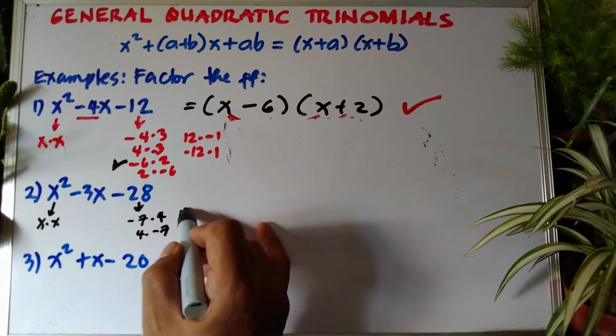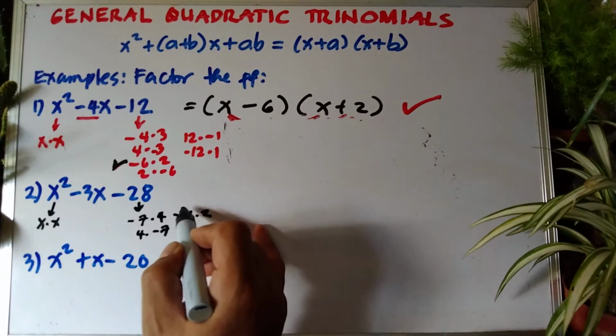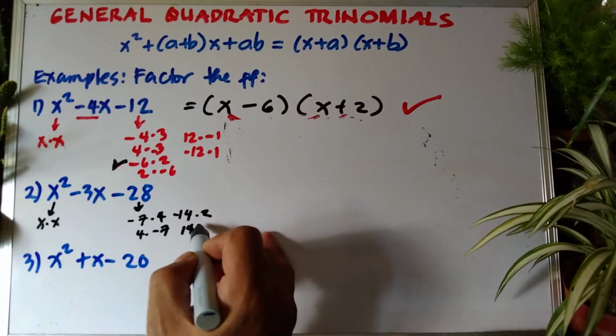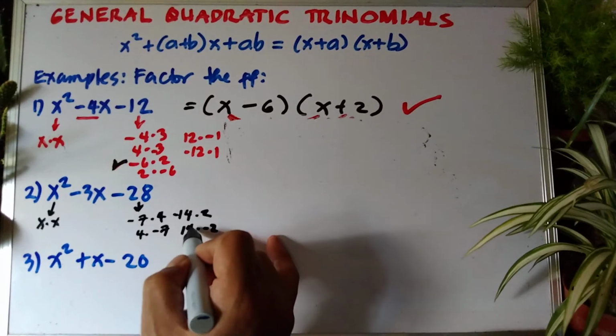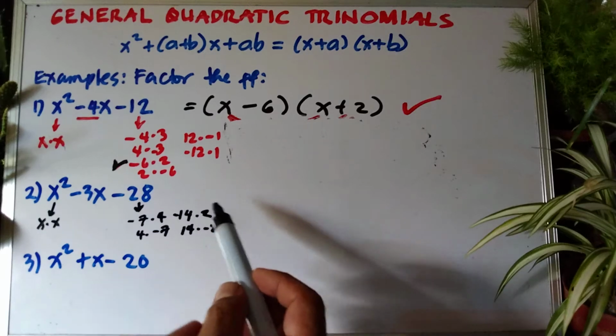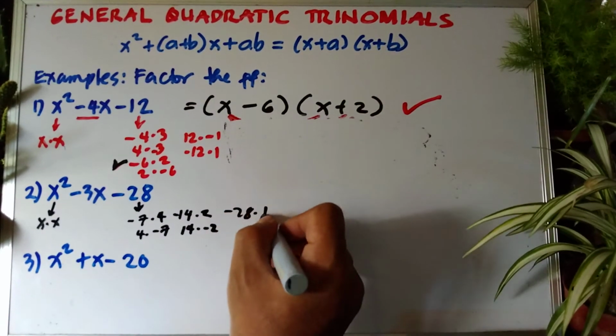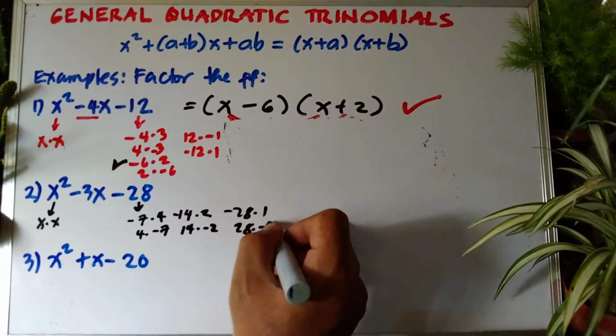Okay, or 14 times negative 2, or negative 14 times 2. Hindi natin isali yung 28. Pwede din negative 28 times 1 or 28 times negative 1.